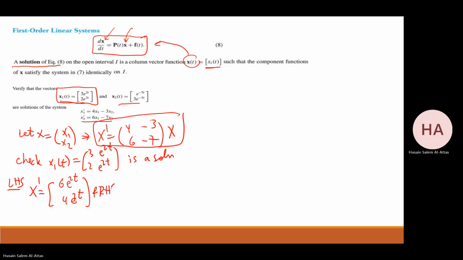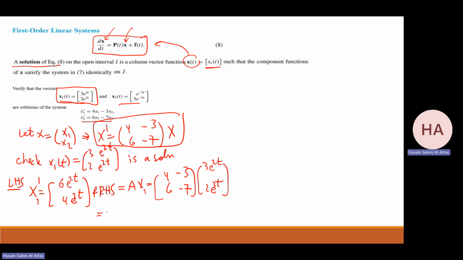Right-hand side, that will be what? It is A x1. Let me call it x1. x1, that will be 4, minus 3, 6, minus 7 times x1. x1 is 3e^2t, 2e^2t. That will give me what?